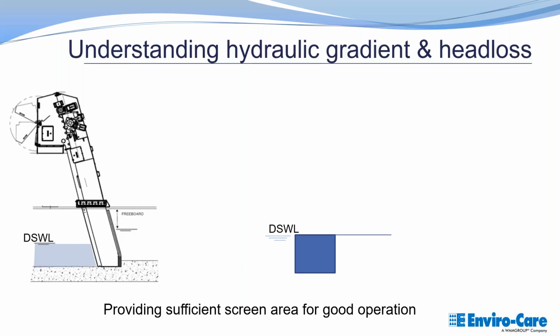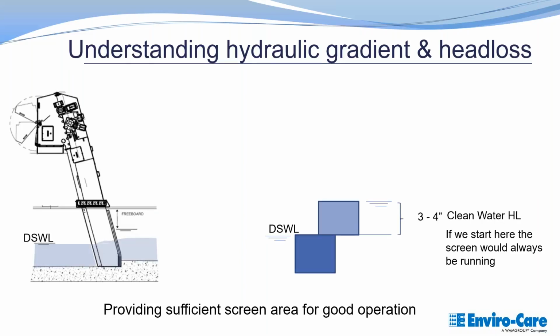With the downstream water level, that tells us how much of that screen is actually in the flow, how much of the screen is wetted, which gives us a certain surface area that we can work with. That means that we can calculate what's the driving head required to push that flow through the screen itself.